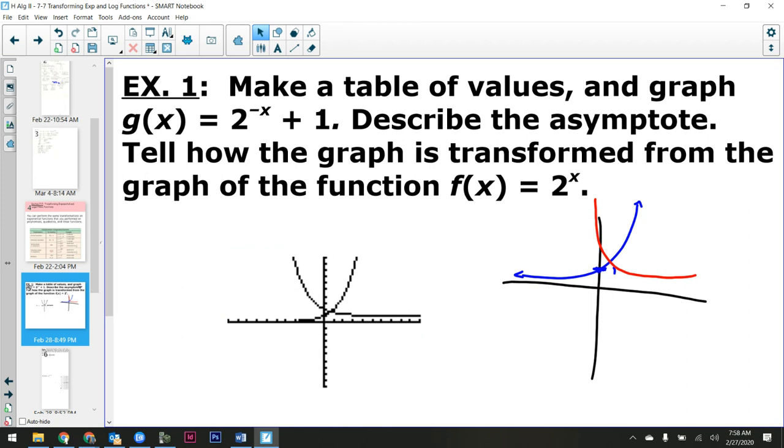So let's kind of extrapolate off this. Let's think about what we can say now about all asymptotes in terms of exponentials. What's the only thing that will shift an asymptote in terms of an exponential? What's the only type of transformation that will change an asymptote? A vertical translation, a vertical shift up or down.